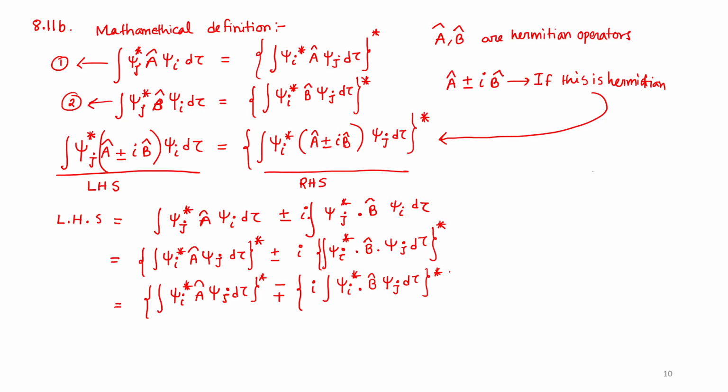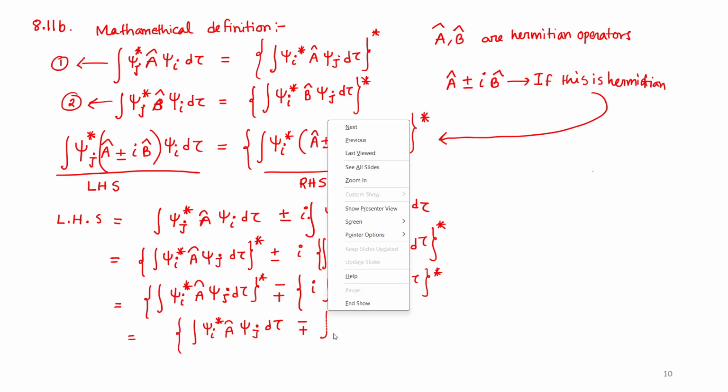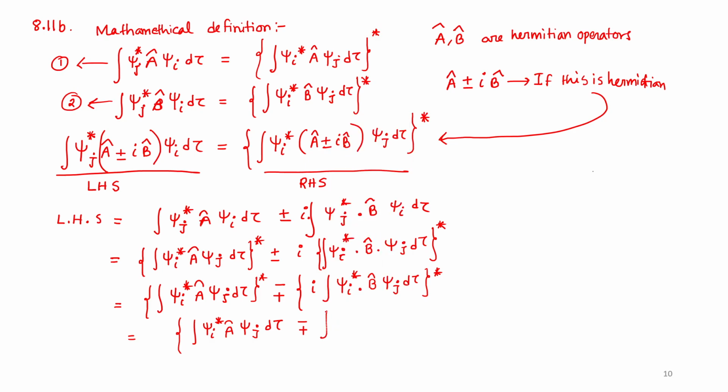I hope my writing is clear so that you are able to follow. And now I will take the whole thing inside the d tau, minus plus, actually that, so this is nothing but iB.